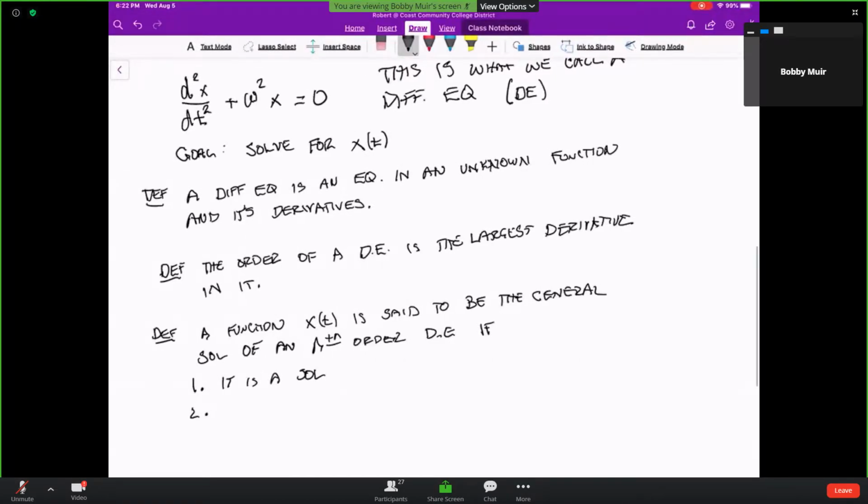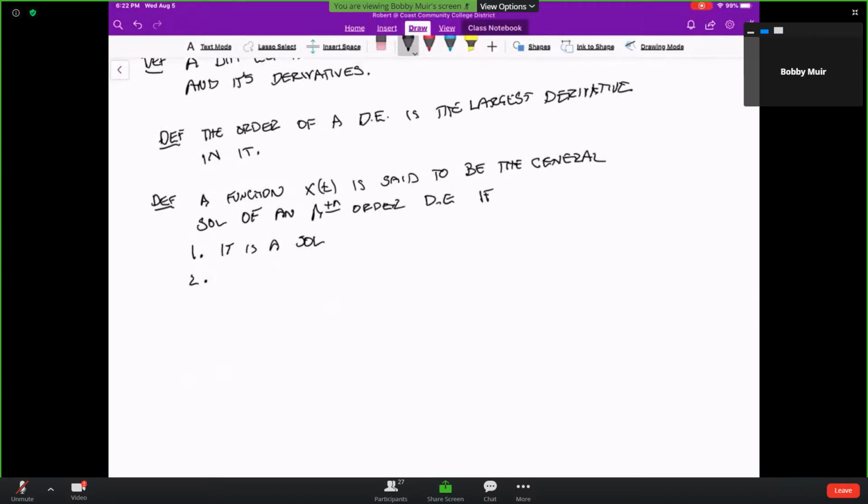Two, it contains n arbitrary constants, and number three, any solution can be obtained from it by assigning values to the constants.